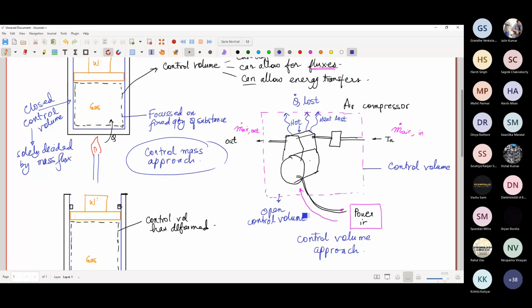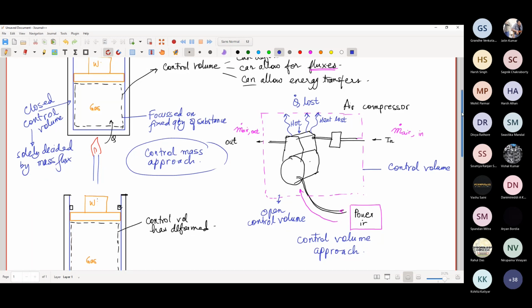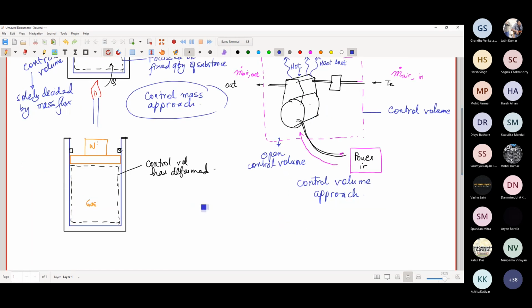Right? Alright. So apart from this, we have another important term, which is an isolated system. An isolated system is a special case of a closed system, where apart from no mass fluxes through the control volume, there will also be no heat or work transfers.